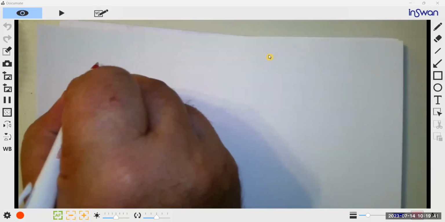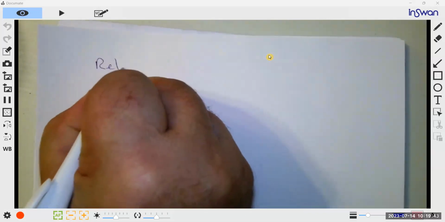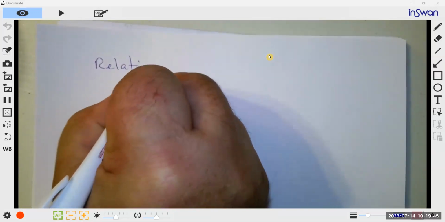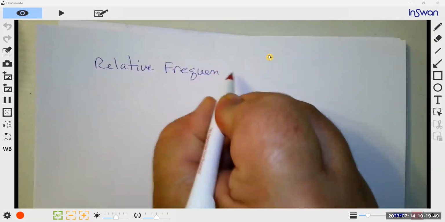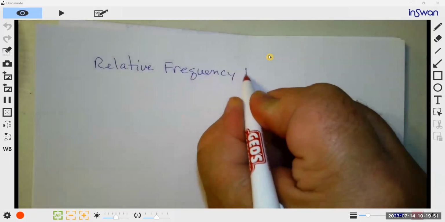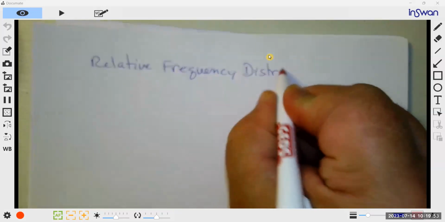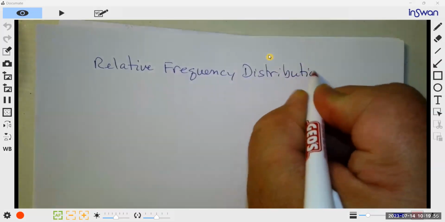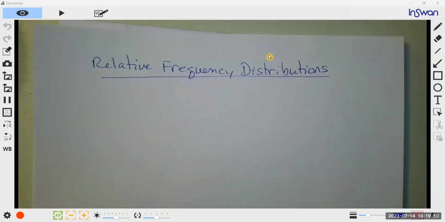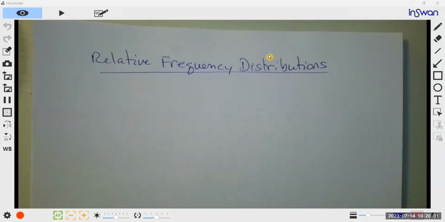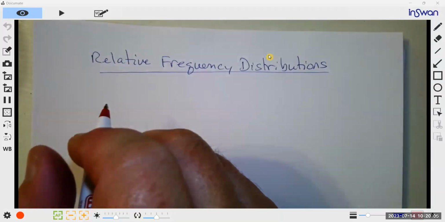The next topic we discuss is relative frequency distributions. First off, we look at what is relative frequency.